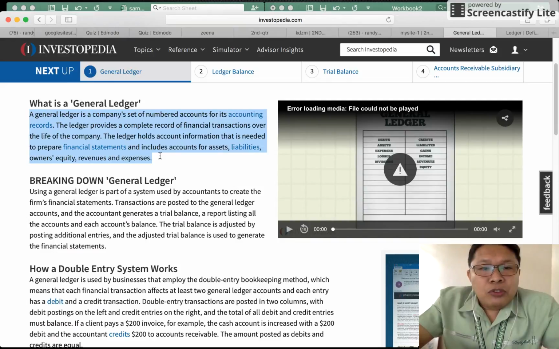The ledger holds account information that is needed to prepare the financial statements and includes assets, liabilities, owner's equity, revenue, and expenses. In an actual business, the chart of accounts is the basis to prepare the ledger. So the sequence of the account titles appearing in the chart of accounts is also the sequence that we will be using when we prepare the ledger.